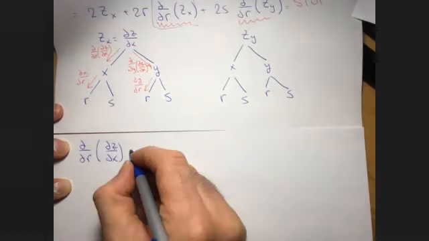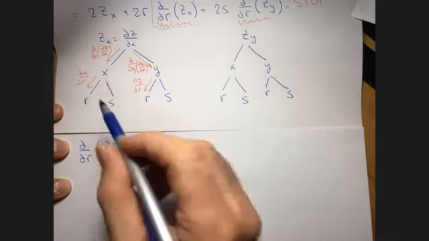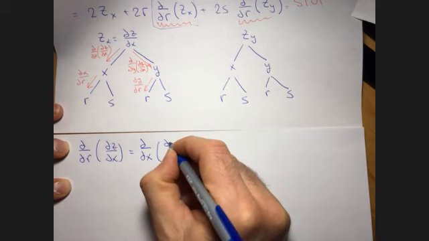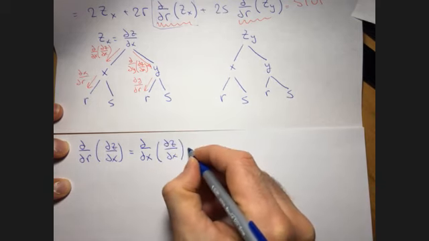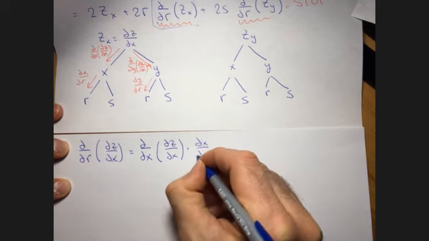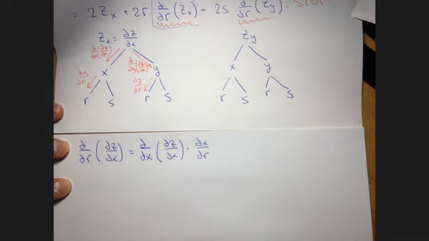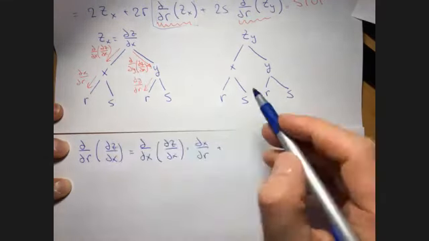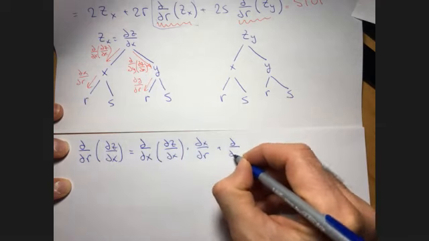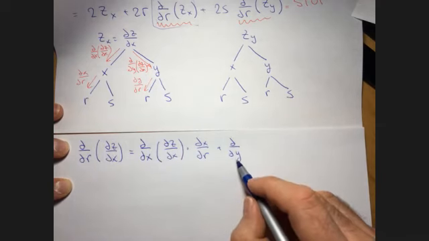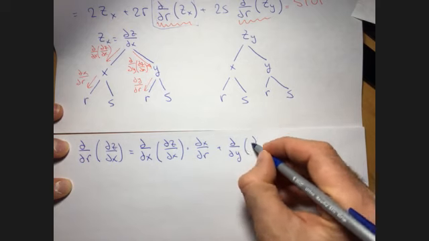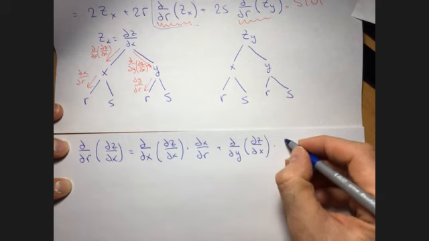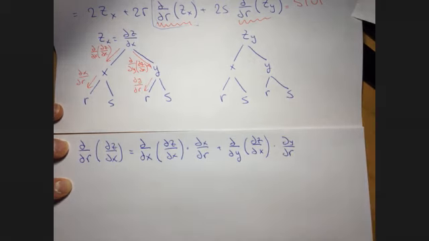Okay, so that's equal, by these three, to the partial derivative with respect to x of partial z partial x times partial x partial r, okay, plus this one here, the partial derivative with respect to y of partial z partial x times partial y partial r.